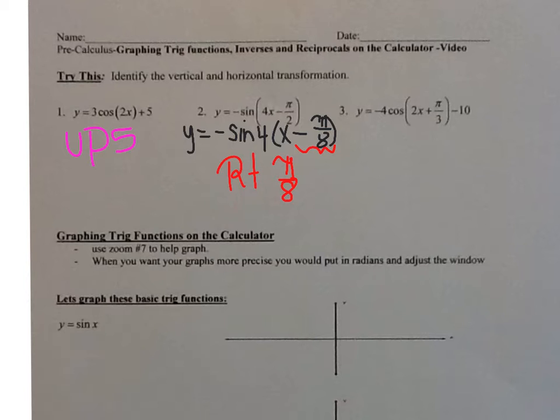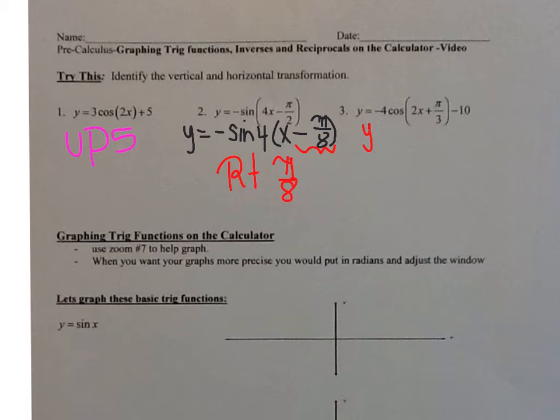All right, so let's take a look at number 3. So I notice that I do have a shift left and right because I have this plus pi over 3 in here, but that's not the phase shift because I have this 2 that I'm going to have to factor out. And I have a vertical shift because I have this minus 10 at the end. So first thing we're going to do is put it in the right form.